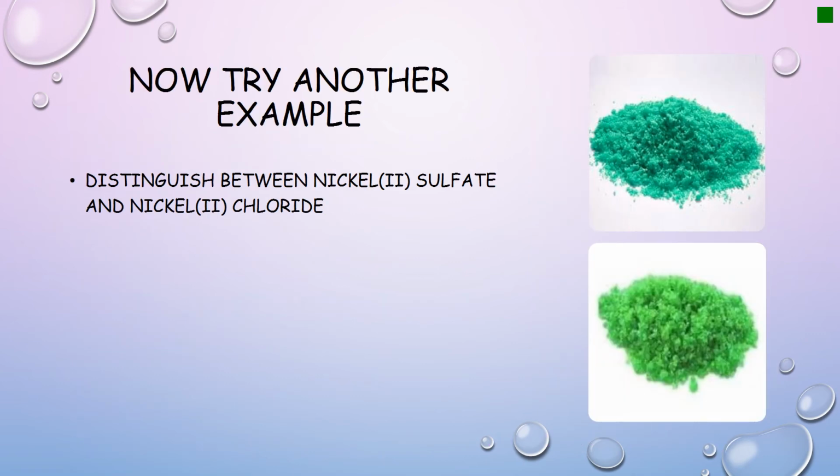Now let's try one last example. This time we're going to try and distinguish between nickel sulfate and nickel chloride. Looking at the compounds, look at the colour, you can see that both are green. So that's not very helpful to us.